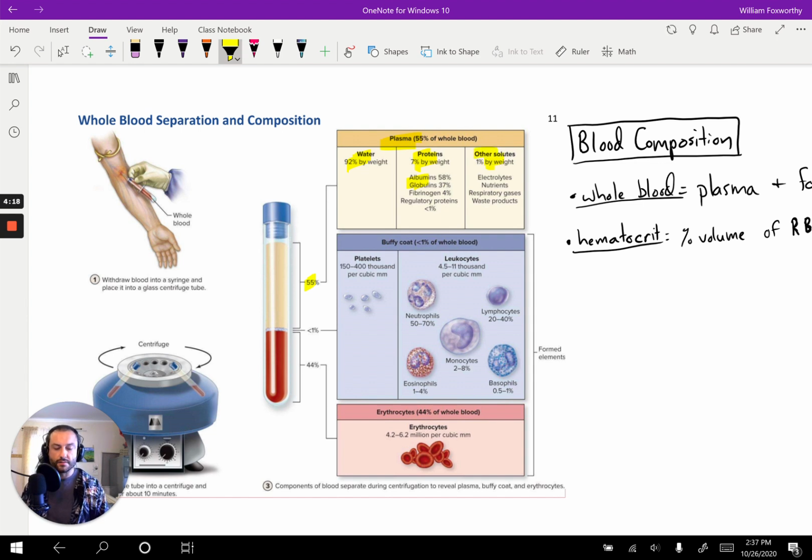And then a small amount of other solutes, like other ionic compounds or electrolytes, respiratory gases like carbon dioxide and CO2, nutrients, and waste products. So anyway, the plasma, the top part, is mostly water and proteins, plasma proteins.